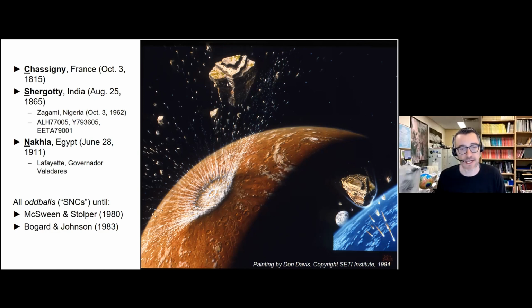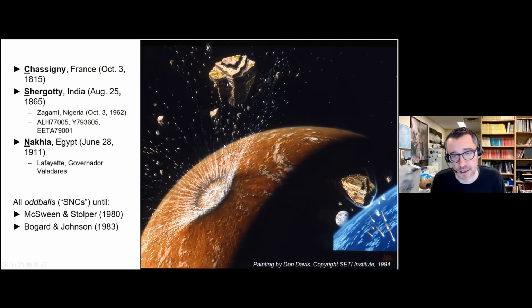And we now have an understanding of how these rocks get delivered to the Earth. An impact occurs on the surface of Mars, and the modeling now tells us that in an annular ring around the point of impact, those rocks at the surface get accelerated fast enough to leave Mars's gravity and then make their way to the Earth.